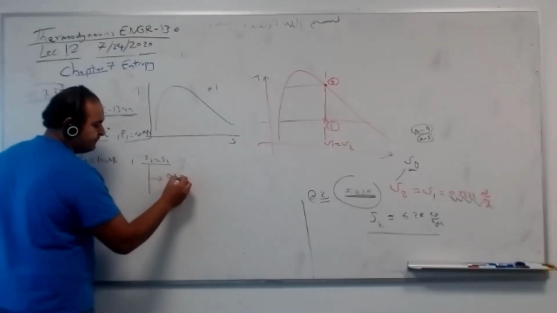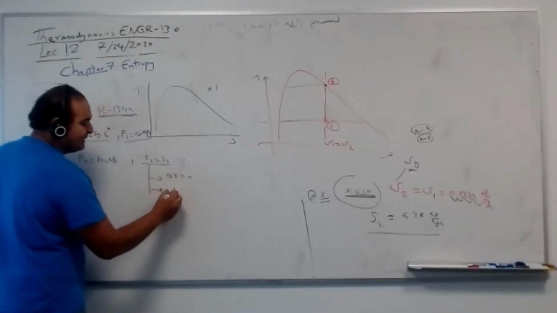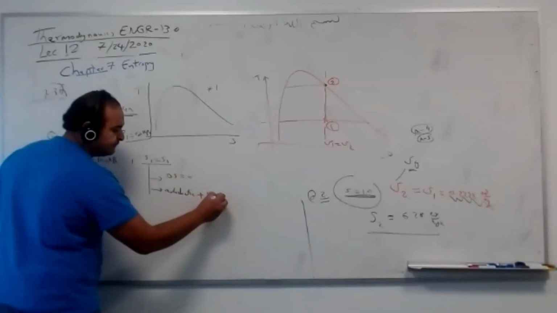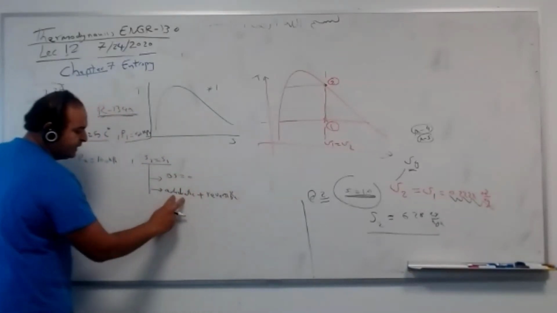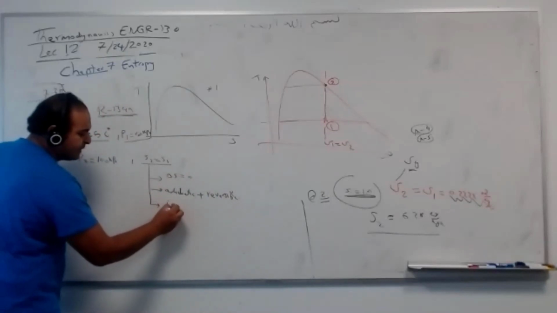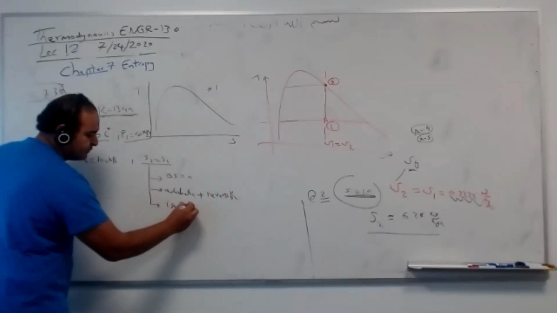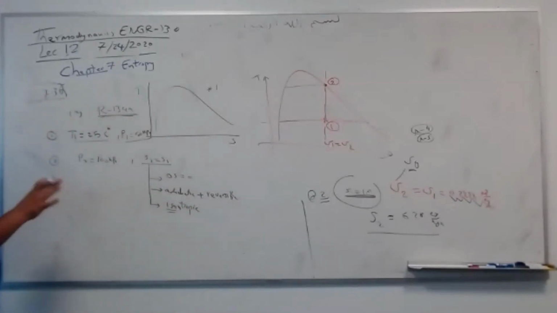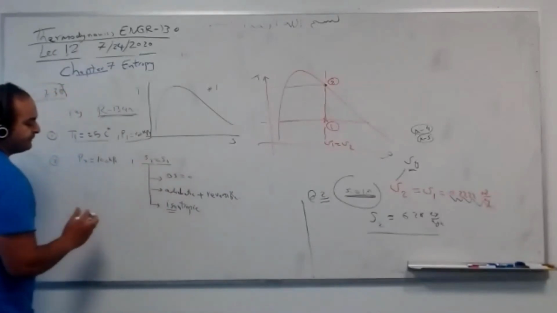This means delta S is 0: adiabatic and reversible. There is no heat and it's reversible, so delta S is 0. This is called isentropic. Remember iso means the same something: isothermal, same temperature; isobaric, same pressure; isochoric, same volume; isentropic, same entropy.